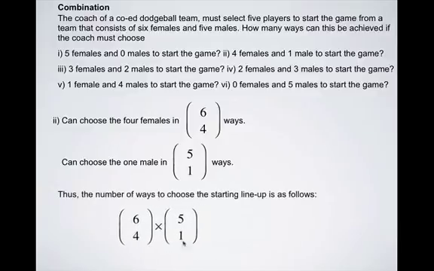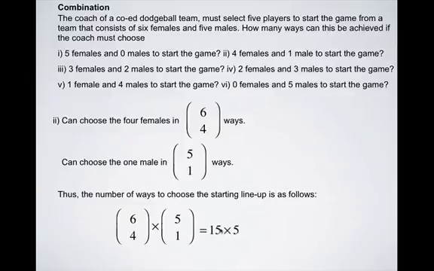So there are going to be 6 choose 4 times 5 choose 1, and this works out to be 15 times 5, and the 5 makes sense because if you're going to have 1 male, you have 5 different choices for that 1 male. And for every one of those 5 choices, there are 15 choices for choosing the 4 women. So the total number comes out to be 75.